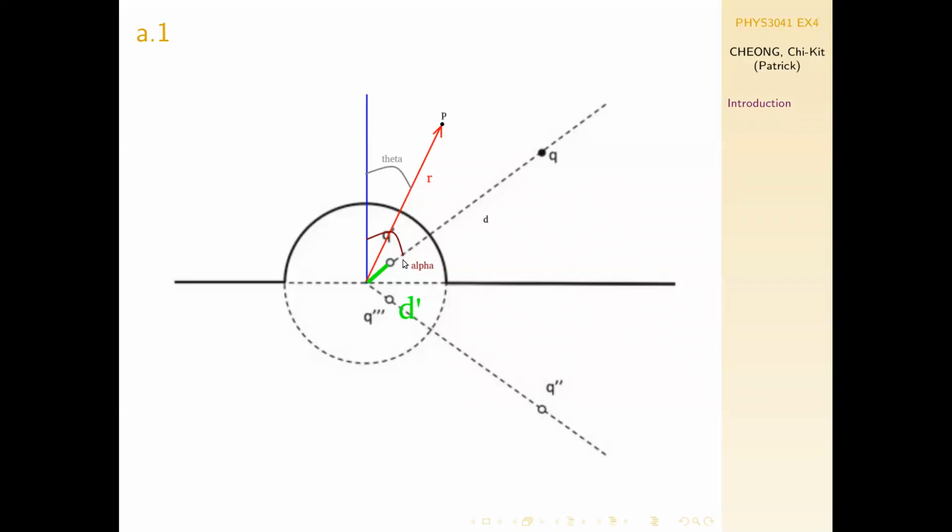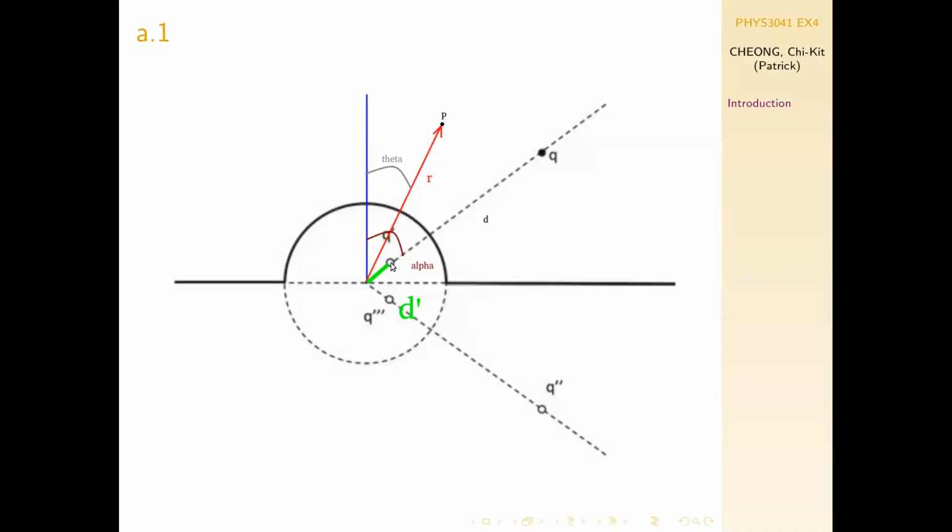Also note that the image charge can also be mirrored. That means the image charge can induce new image charges. So again, I mirrored this Q prime down to this Q triple prime here.